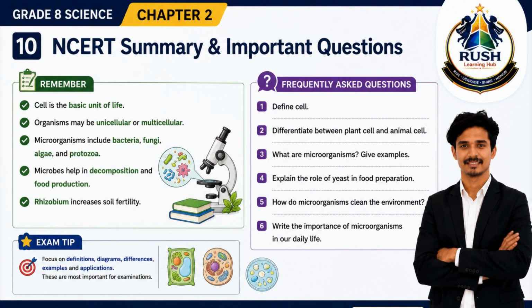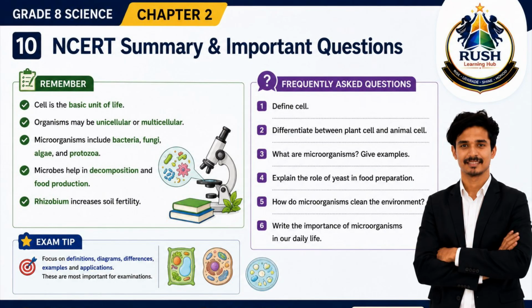Summary and important questions. Let us revise the important points from this chapter. A cell is the basic structural and functional unit of life. Organisms may be unicellular or multicellular. Microorganisms are tiny living organisms that can only be seen under a microscope.